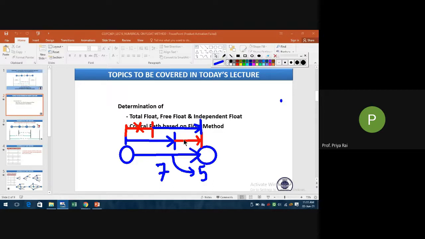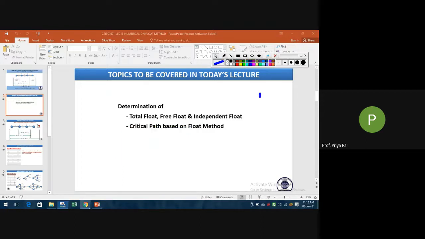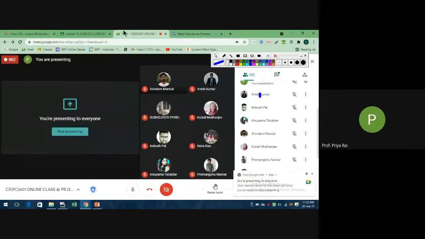So you are not getting a chance to start that assignment late, or to complete it and rest for the other days. That's why an activity is critical when these values are 0, that is, this delay is 0 or this relaxation is 0. As per the definition, float is nothing but the delay or the relaxation. That's why for an activity to be critical, all these values must be 0. Okay, clear?